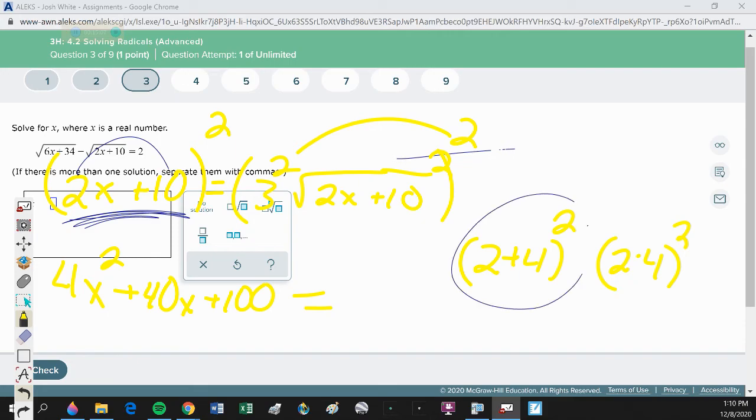In this case, I cannot distribute the 2. I have to do 2 plus 4 and 2 plus 4. But in this case, I can rewrite 2 squared 4 squared. So it ends up being 9, and then that just turns into 2x plus 10. And then I'd multiply the 9 in and solve. It probably won't solve because I made this up.